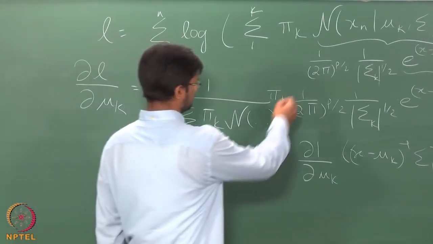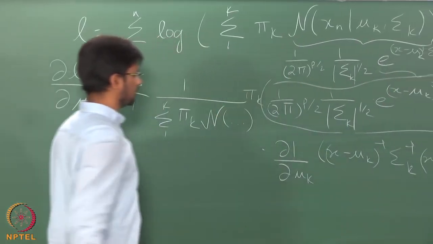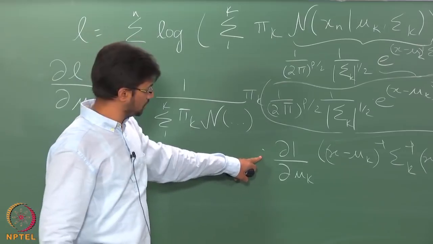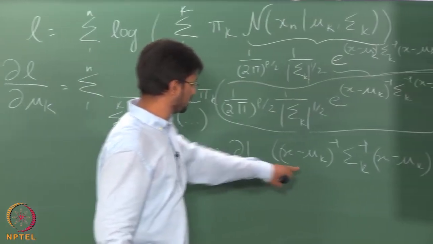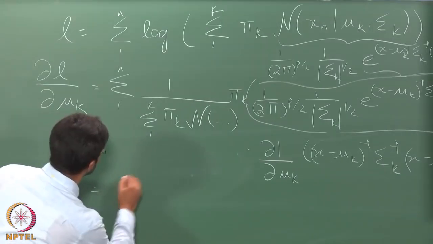So what you get back is the entire formula for a Gaussian here, multiplied by the derivative of this complicated term here.